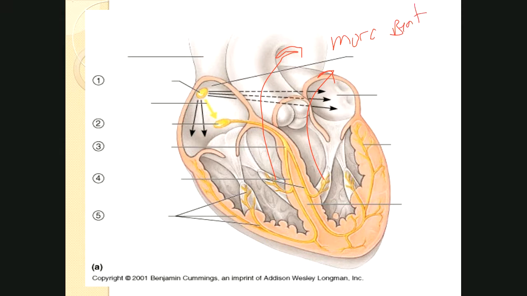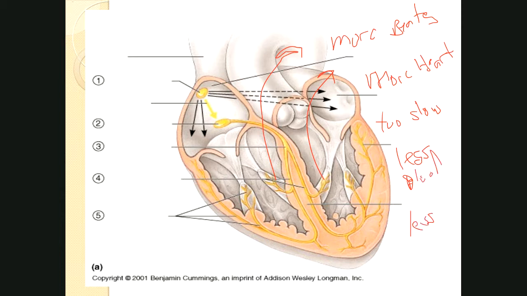So if we slow down the heart too slowly, that means there's fewer beats, which means there's less blood. And less blood means there's less oxygen. And less oxygen and nutrients is what causes the tiredness and the fatigue.